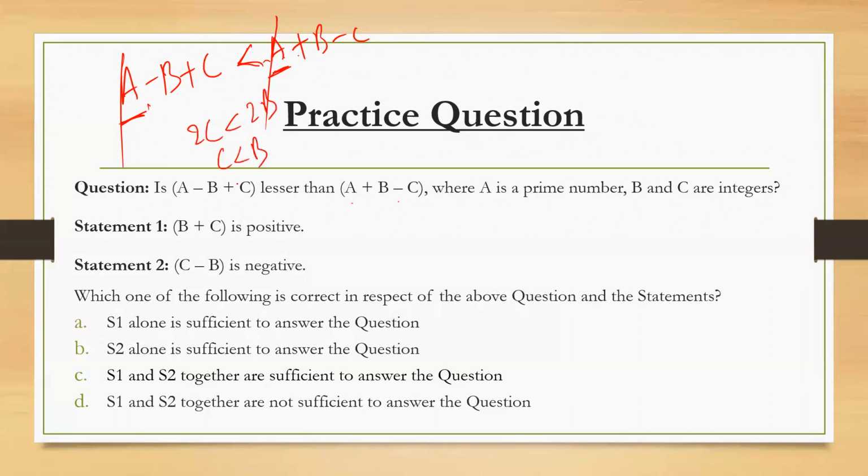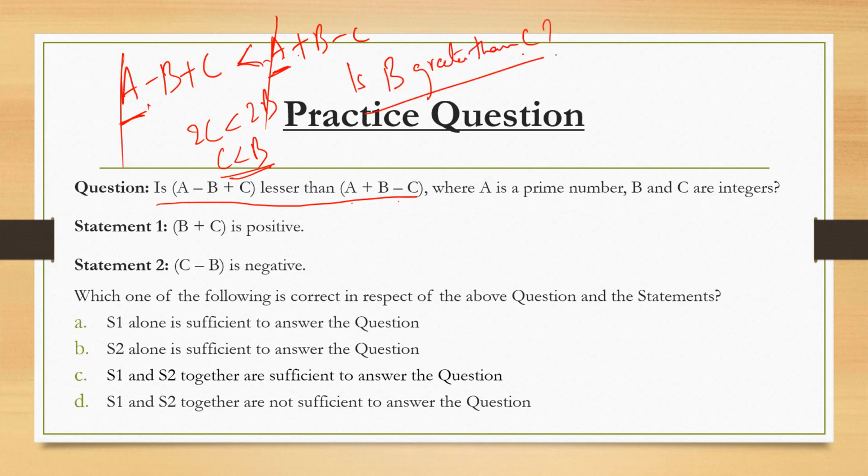Or basically this entire question, that is A minus B plus C lesser than A plus B minus C, is reduced to what? Is B greater than C? That is your exact question.